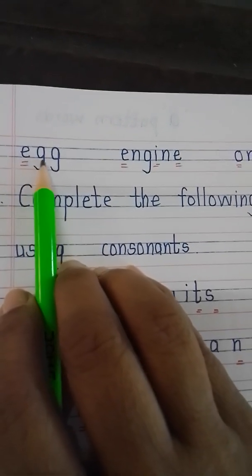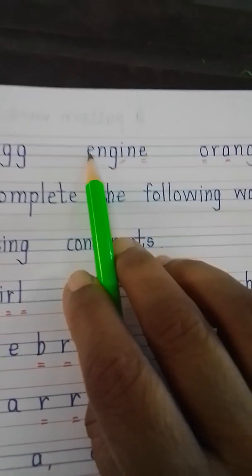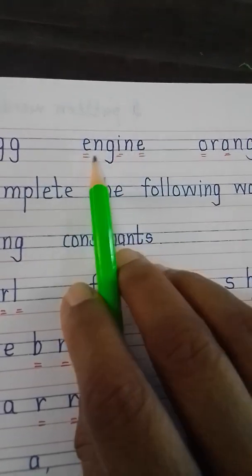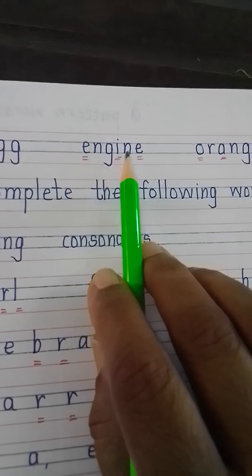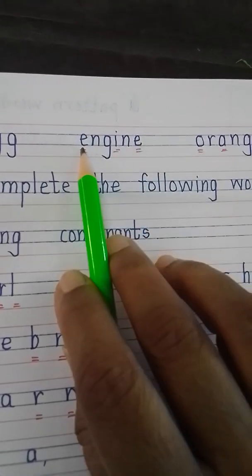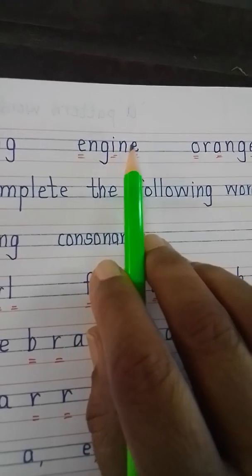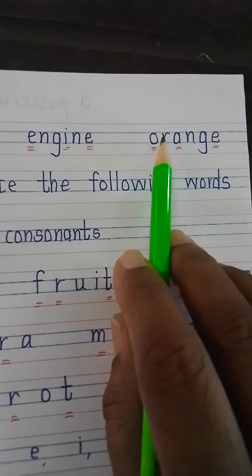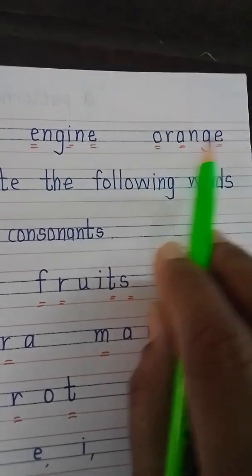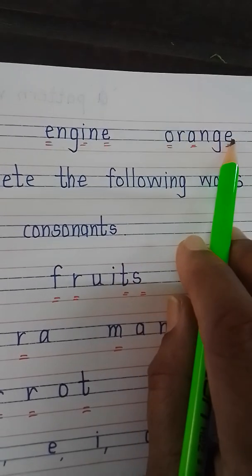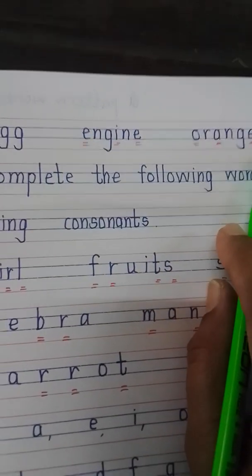Then ENGINE, engine. In this spelling, I have used E, I and E vowels to complete it. ORANGE, orange. In this, O, A and E are the vowels.